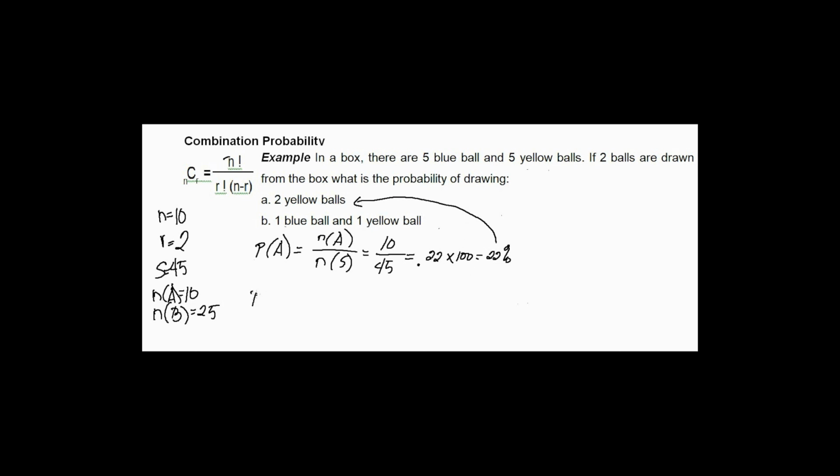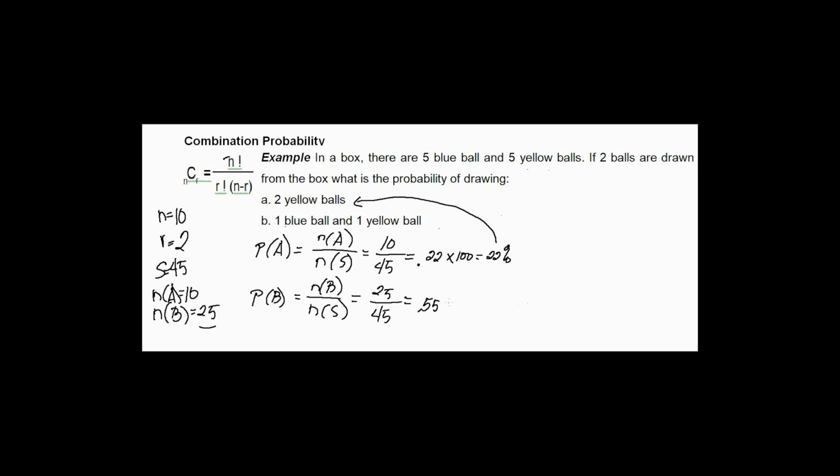Now, for the probability of the second situation B, N(B) divided by N(S). N(B) has the value of 25 divided by 45. So the result will be 0.55.